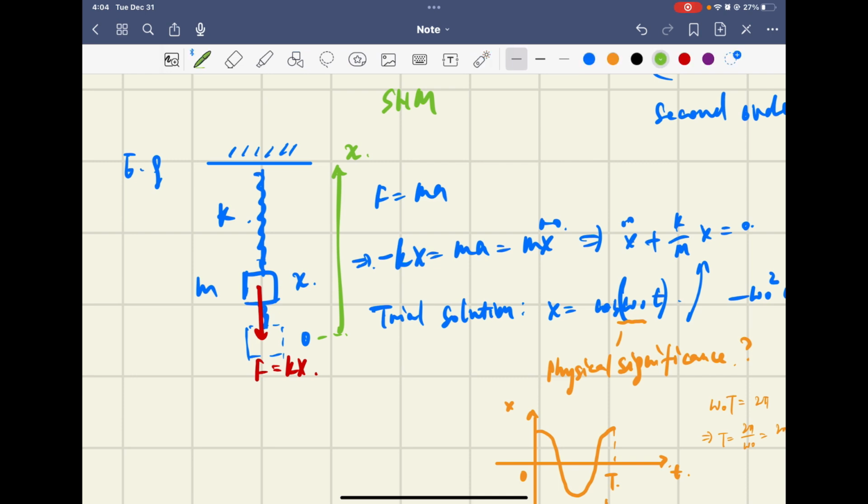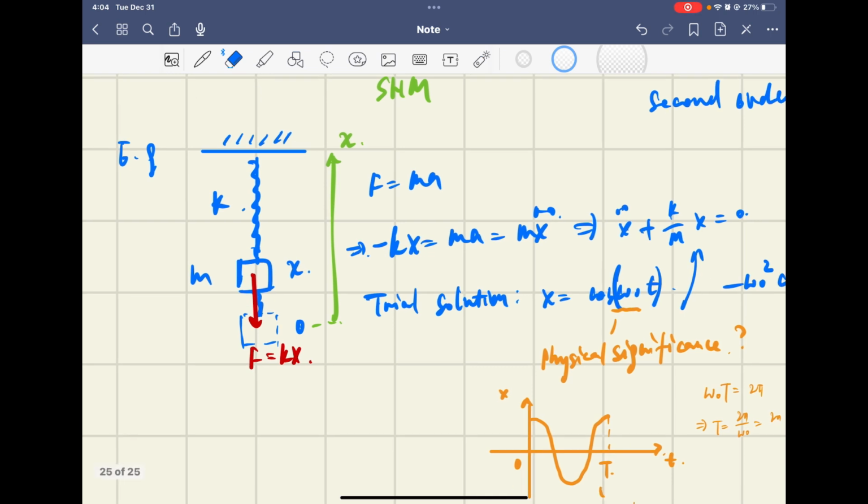However, the force it receives is actually acting against its moving direction. Instead of up, the force it receives is going down. So in this situation, the force received by the block is always in the opposite direction of the direction it is moving towards.